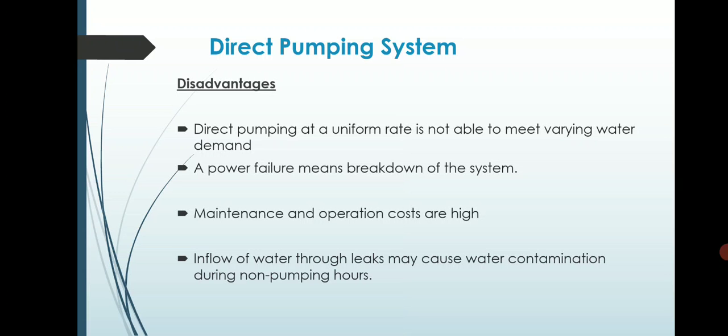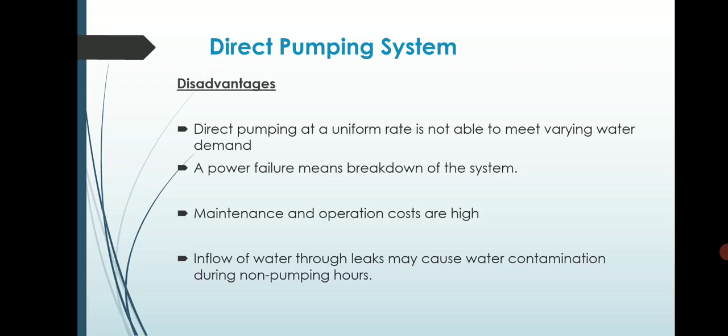But during the night time the water demand is not that high with respect to the daytime. So direct pumping occurs at a uniform rate. This varying water demand cannot be met by this uniform rate.